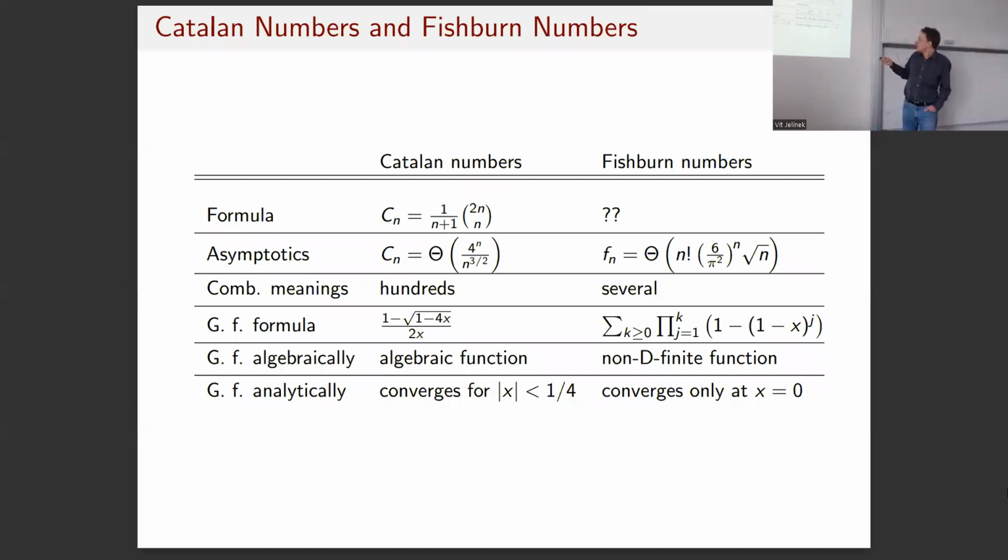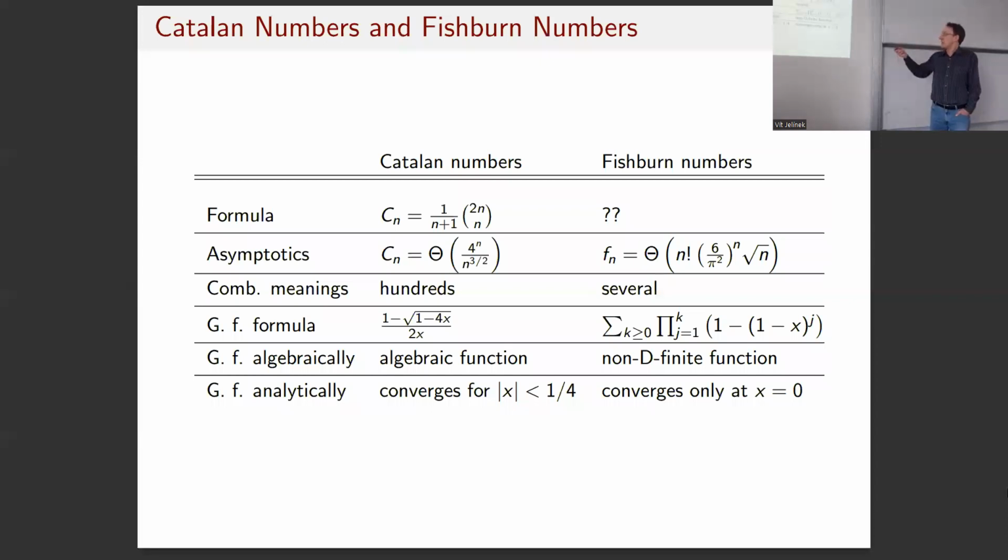So this sum here really only is a convergent sum when x is equal to 0, when it all collapses and is equal to 1. So I'm talking about a function, but it isn't really a function in any meaningful sense. It's a purely formal power series.